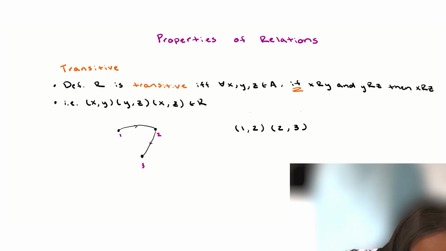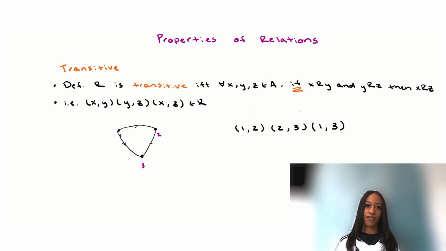In our diagram, that means 1 is related to 3. So following our definition closely, we were able to fill out our diagram and end up with our 3 ordered pairs, that is 1, 2, 2, 3, and 1, 3. This is a diagram that illustrates the transitive property.